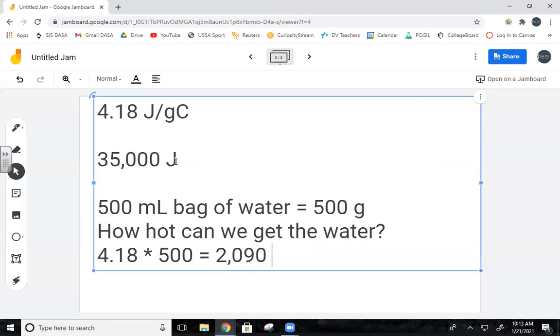And our unit is now joules per 500 grams Celsius. That's a unit, okay? What that tells us is we need this many joules to heat our bag by 1 degree Celsius.